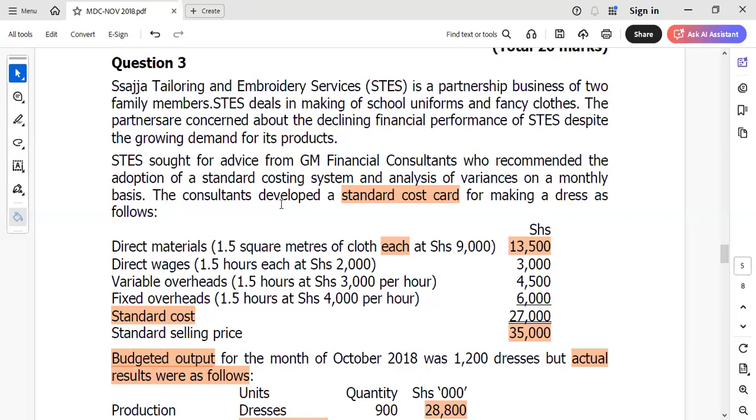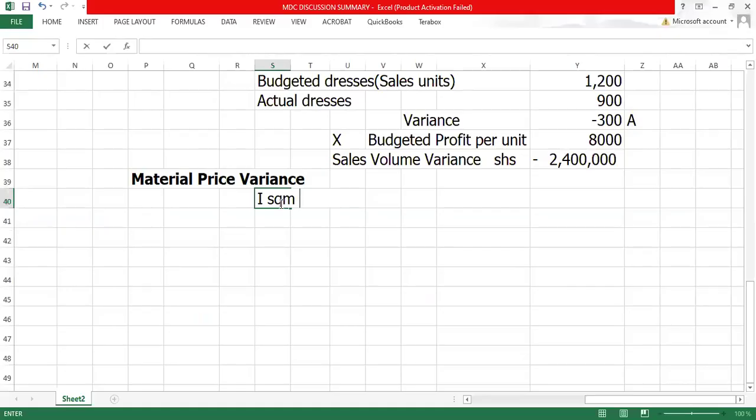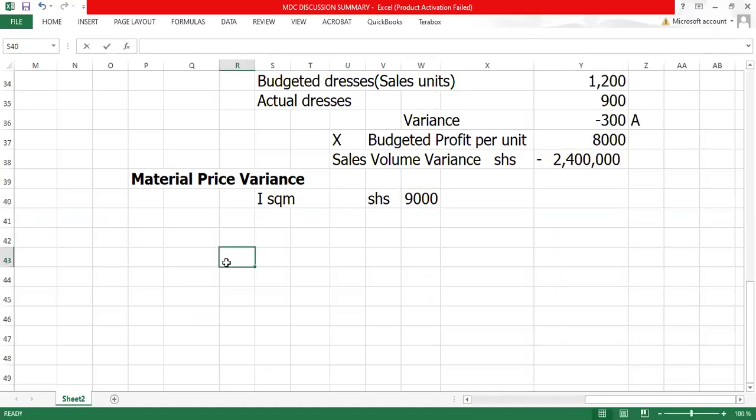You're going to buy square meters, you're not going to buy dresses. So what is the cost of 1 square meter? Your budget is 9,000. Since that is your budget, the question is, how many square meters did you actually use?